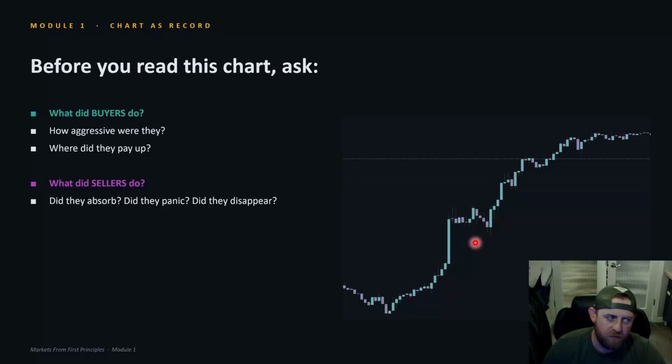I said before in Module 0 that some people say wicks don't matter, and I'm like, they really, really matter. Here's why. If you see this 1, 2, 3, you have these wicks that show that buyers chased price up into this zone.